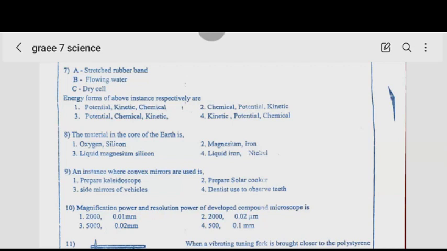So we know now the stretched rubber band has potential, flowing water has kinetic, and the dry cell has chemical. So answer number 1 is for the 7th question.